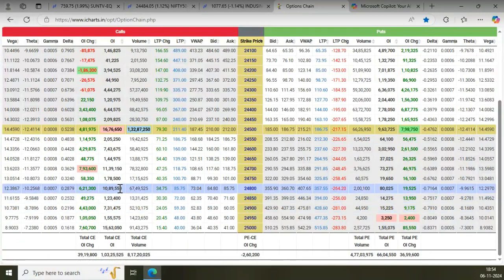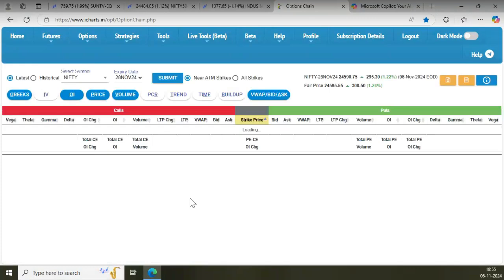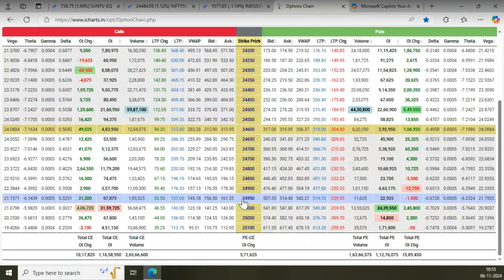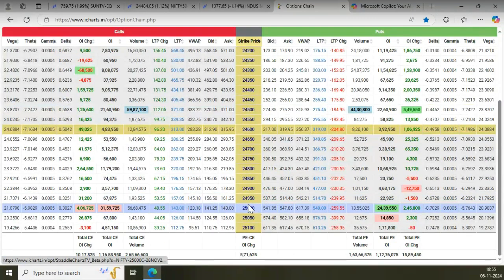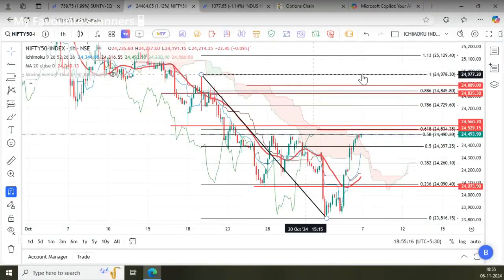Yeah, somewhere around 24,800 and then 24,900. So let's go back to the month end expiry. So 25,000 levels is where we are writing the monthly options. That is the one level, the double top level that I've taken here, right? So that is why they are writing it there.